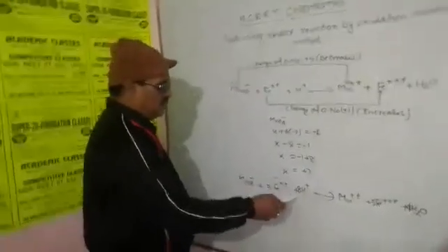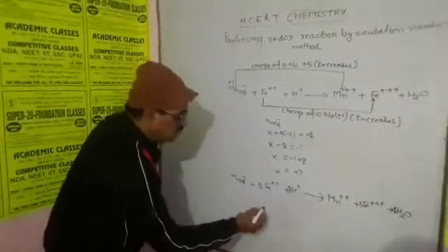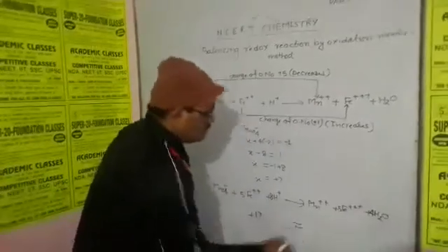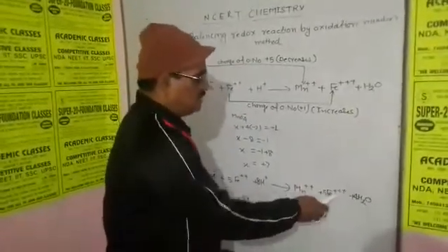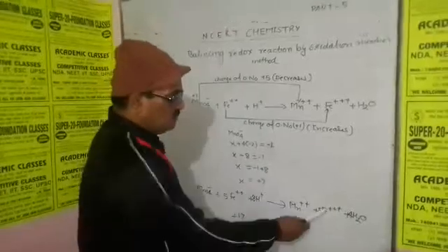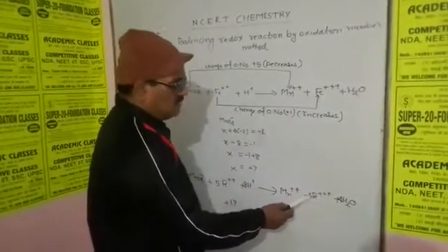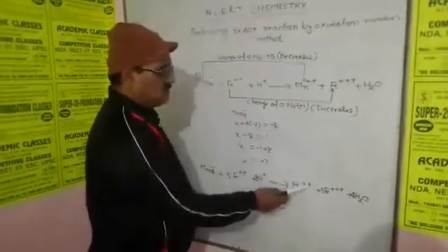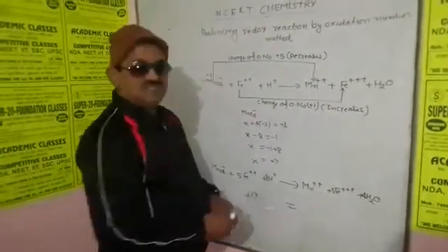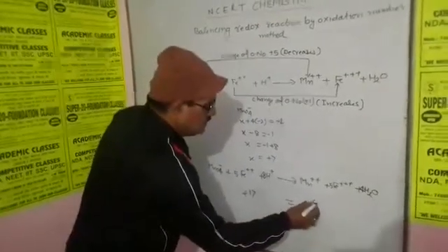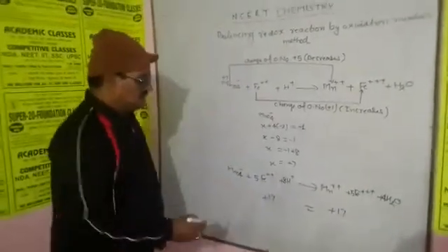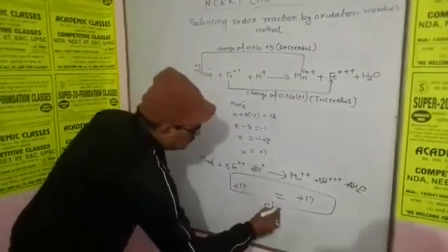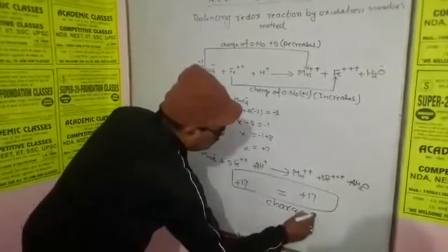Means 18 positive, 1 negative, means the total positive charge is plus 17. And 5 multiplied by 3, 1 Fe having 3 positive charge, then 5 Fe having 15 positive charge, then 15 positive charge plus 2 positive charge, the total charge is plus 17. The charges are equal, the charges are equal.